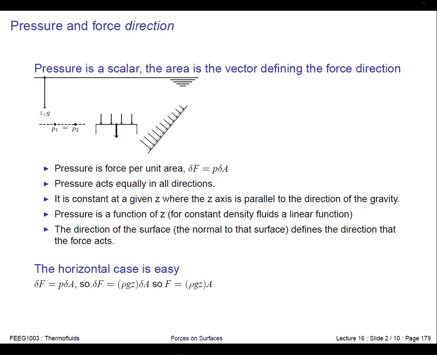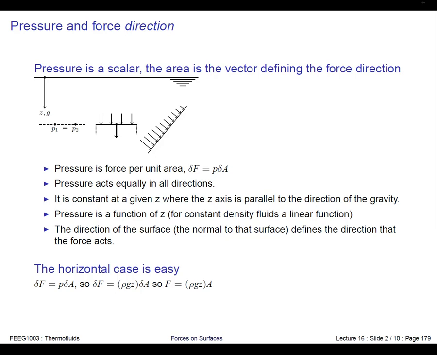The area has a magnitude, obviously, and it also has a direction, the normal to that area. That normal defines the direction of the force, and the pressure and the magnitude of the area define the magnitude of the force.